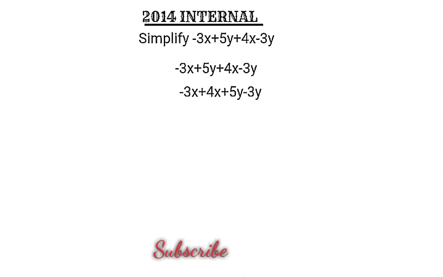Now I'm going to work out this one first. Negative 3x plus 4x will give us x, then 5y minus 3y will give us 2y. So this is the answer for this question. Okay, let's go to the next question.